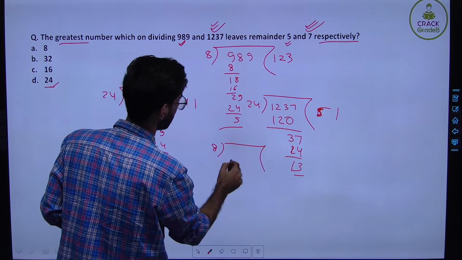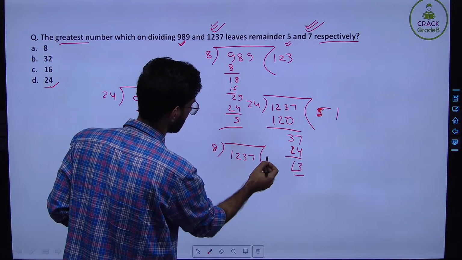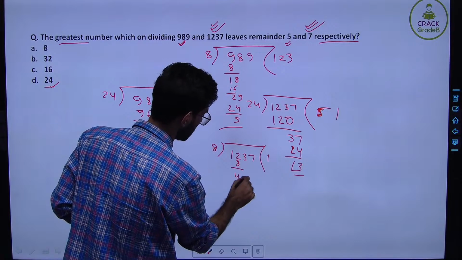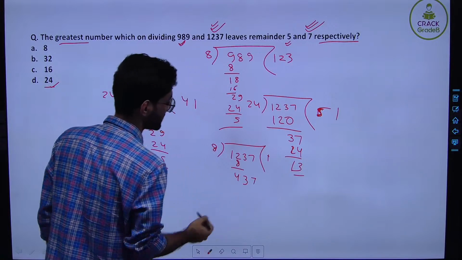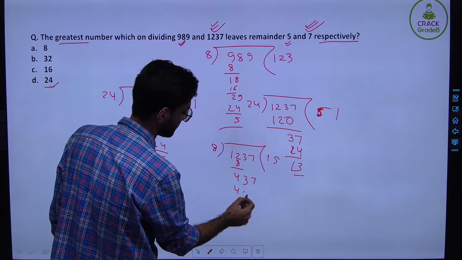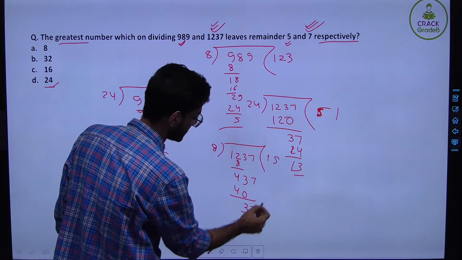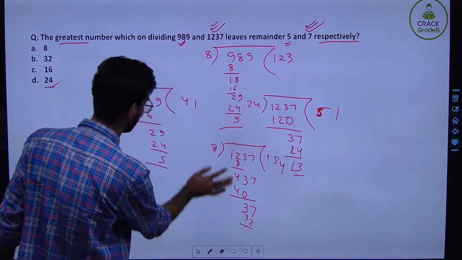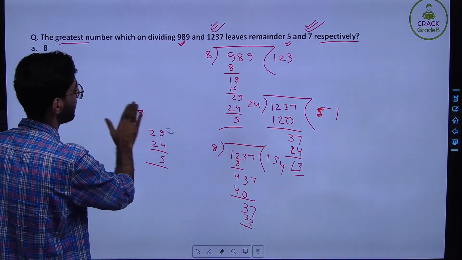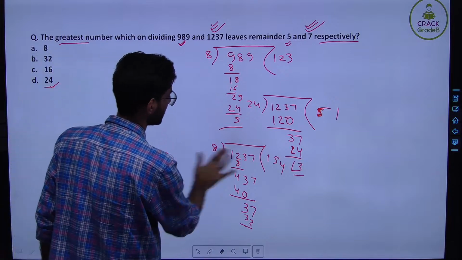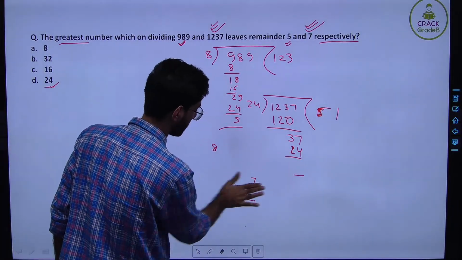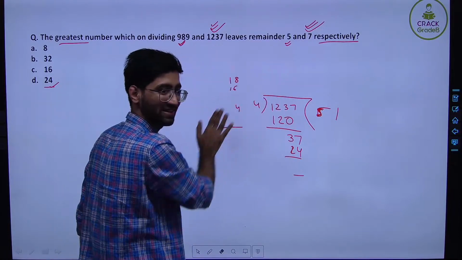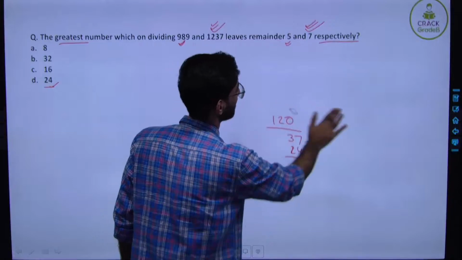Okay, let us check for 8 with 1237. 8 into 1, then 4, then 3, then 7, then 8 into 5, so again 3, 7, 8 into 4. Yeah, maybe there is some error. Let us solve it by using the normal approach and we will be able to find the right answer. Then we will edit options. But don't worry, in CSAT you will not get wrong options, right? Because obviously they will verify options.